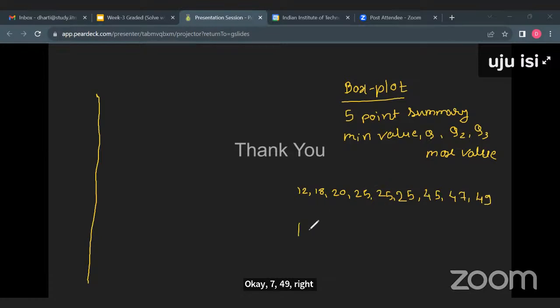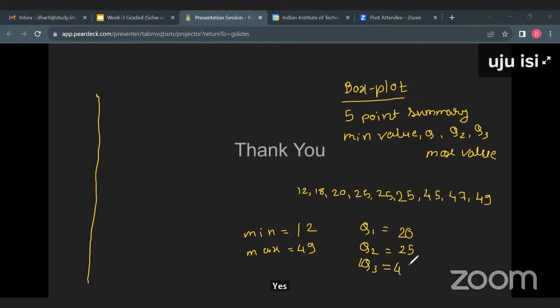It is 12. What is the maximum here? 49. What is Q1? We have calculated it, 20. Q2 was 25. And Q3 was about 45, right? Yeah, 45.